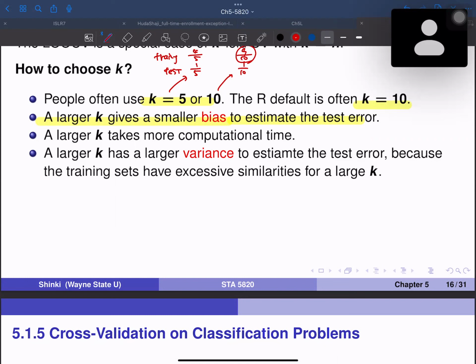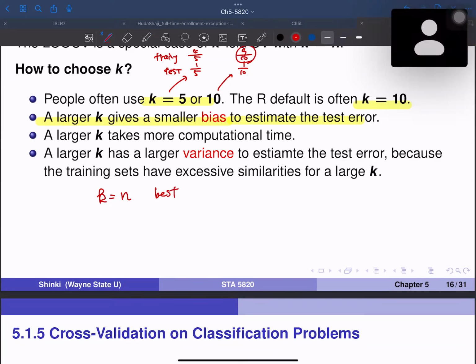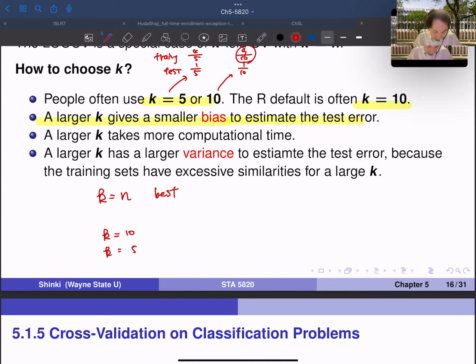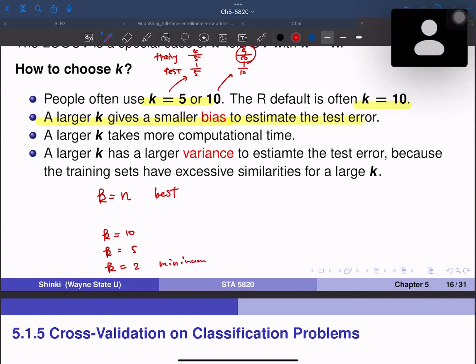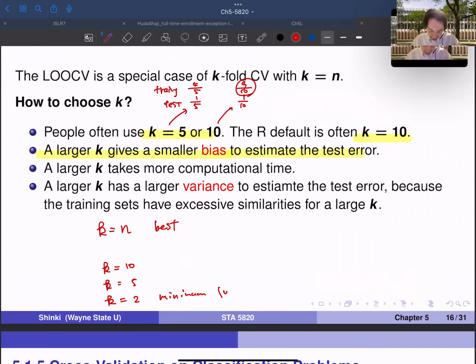So for K, the special case is LOOCV, which is the best case potentially, if you can calculate it all the time. K equal to n is the best. So K is 10, K is 5. Minimum is K is 2, right? Which is similar to the twofold training and test approach, but at least we cross-validate it. So it's worse, but there's not much difference.